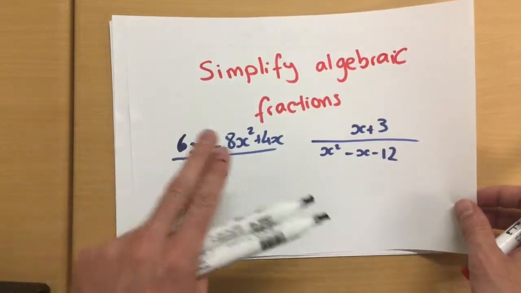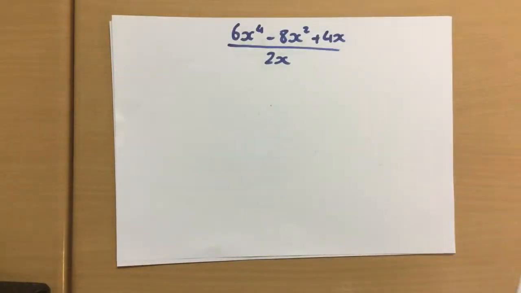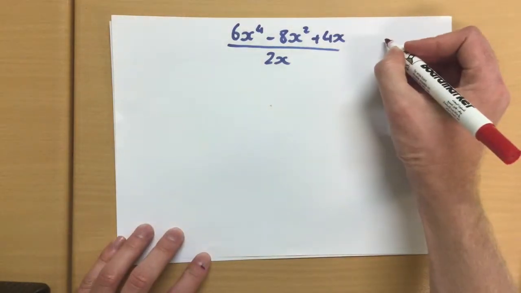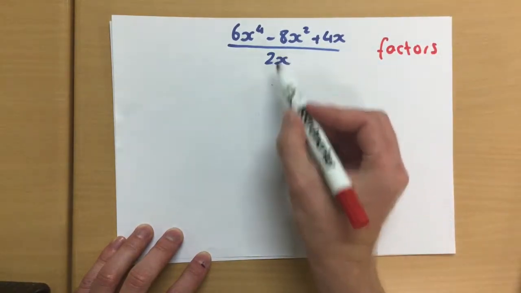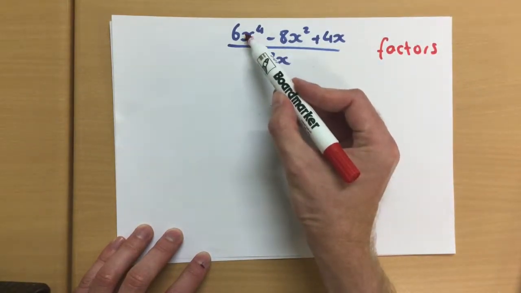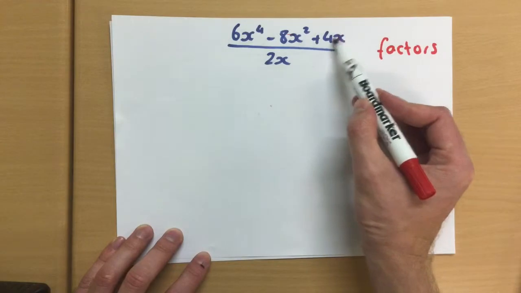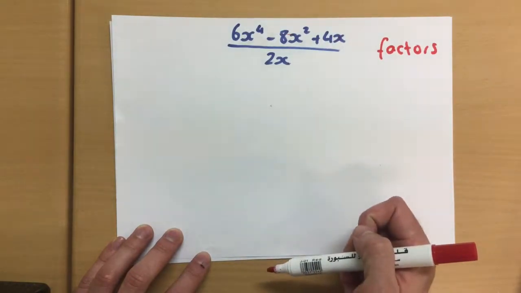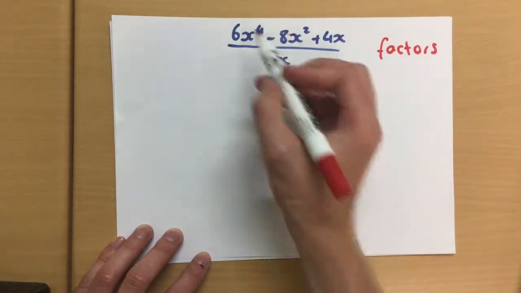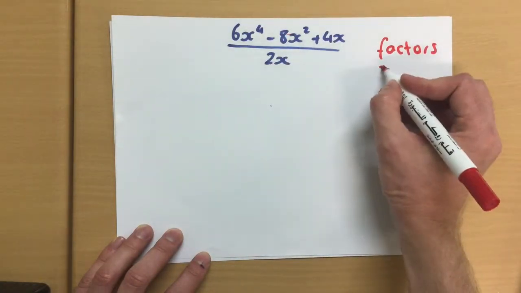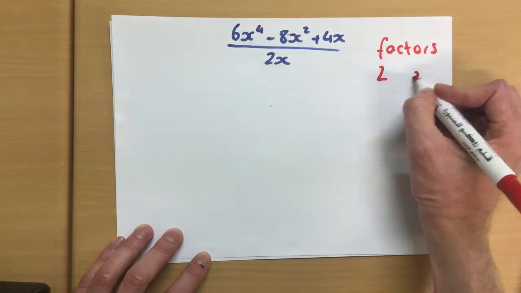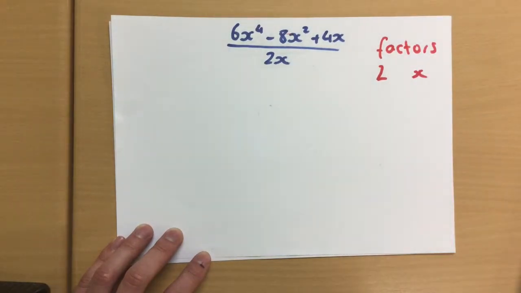So, our first example, looking at this one here. Now, what you're looking for is common factors, factors of every single term in this. If we look, there is an x in all of our terms in this algebraic fraction. Also, you can see 6, 8, 4 and 2, so all have 2 as a factor. So factors are 2 and x.